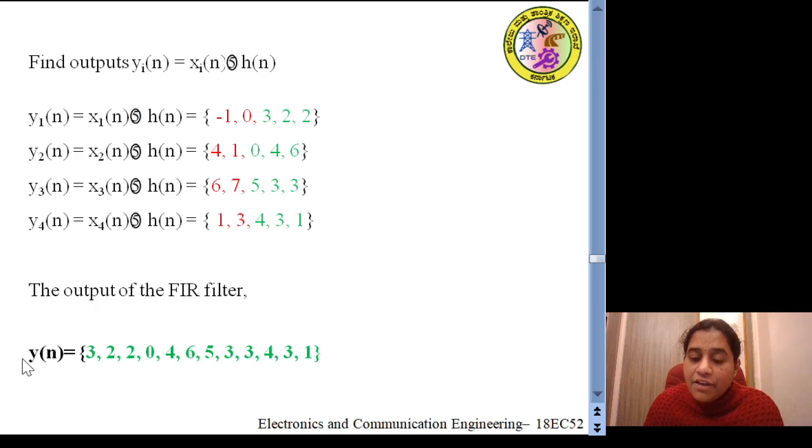So this is the final output of the FIR filter, or we can call this the linearly filtered output of this particular FIR filter for the incoming signal x of n with the system impulse response h of n.